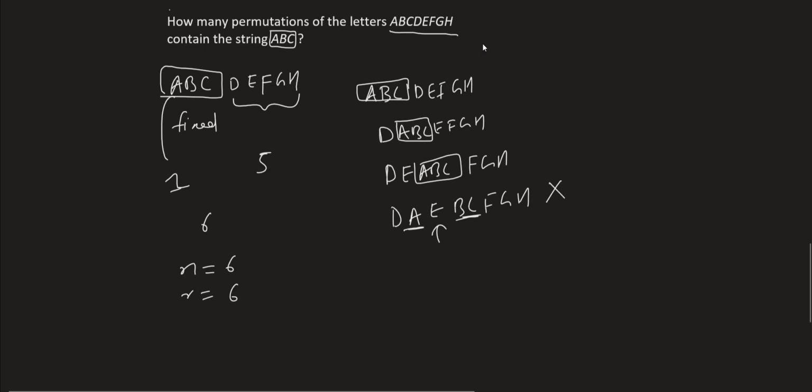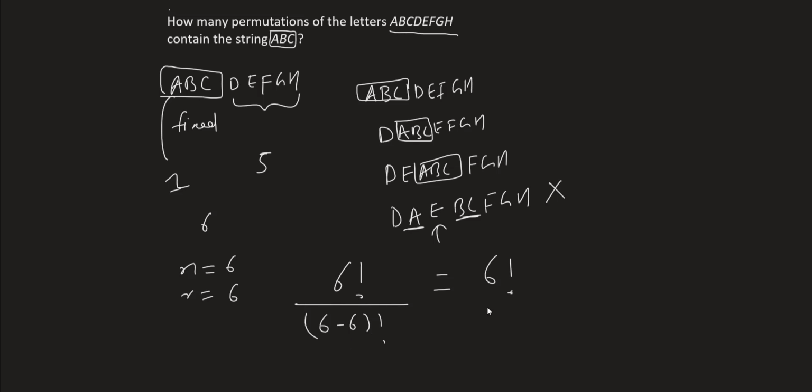Since order matters here, and secondly, no repetition is allowed, what we'll get is 6 factorial divided by 6 minus 6 factorial, which is equal to 6 factorial, because 0 factorial is equal to 1. So that will be 6 times 5 times 4 times 3 times 2 times 1, which is equal to 720.